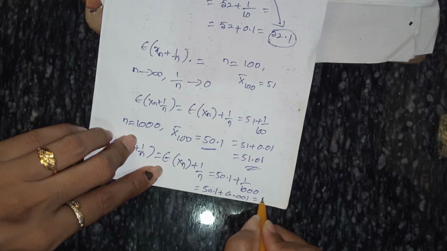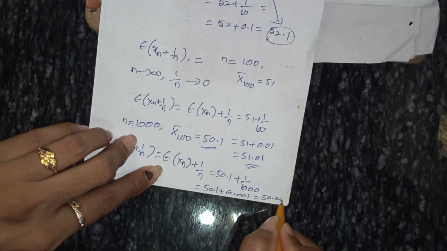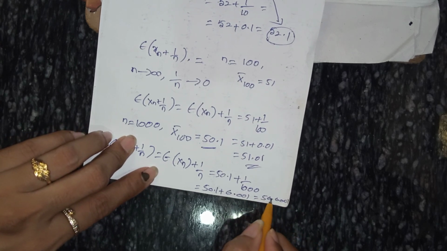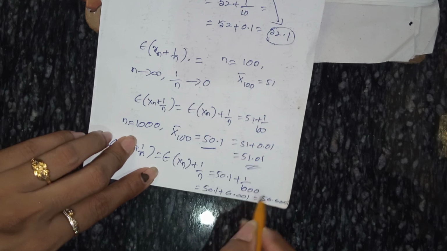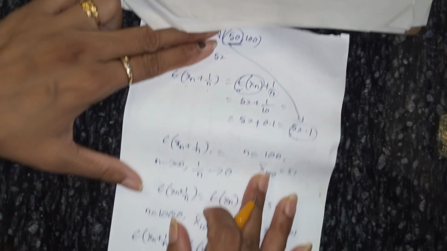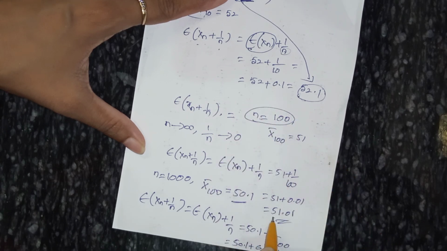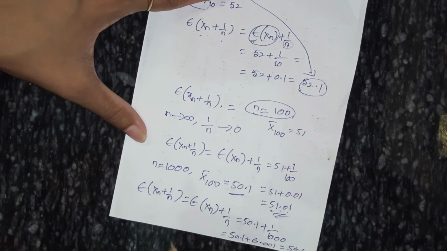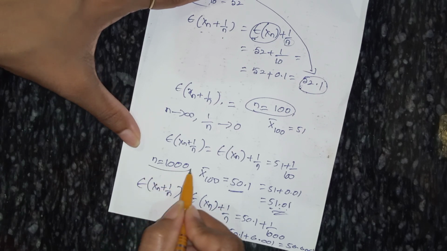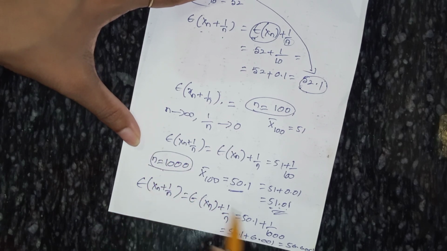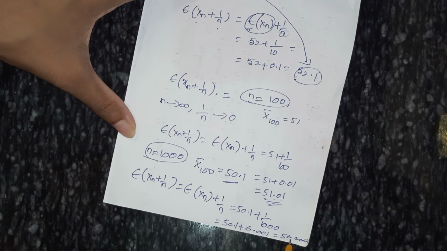So we get nearly 50. That means when we took n as 100, we got 51.01, and when we increased the sample size to 1000, we got about 50.001. Similarly we can keep this value as 50, isn't it?